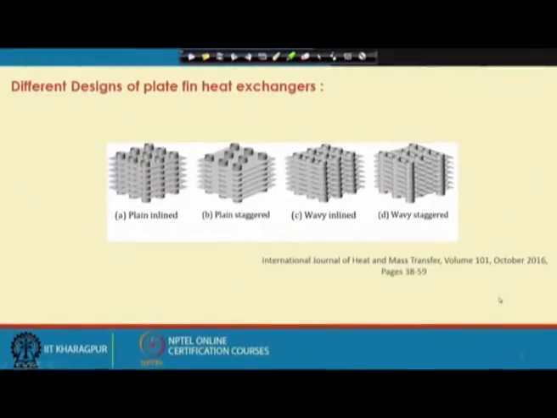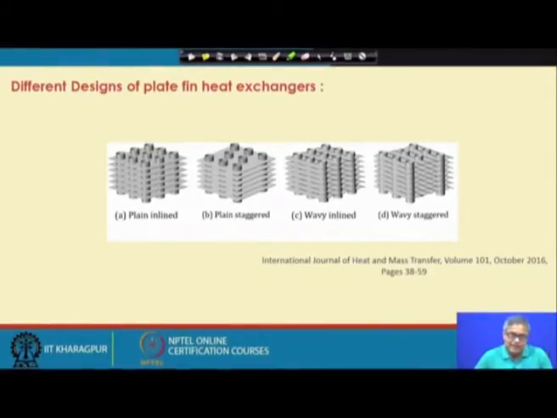If we go to the next slide, we can see different designs of plate fin heat exchanger where the fluid is passing through the tube side. So, basically plate fins have been used, but tubes are also there. So, plate fin and tube type of heat exchangers.